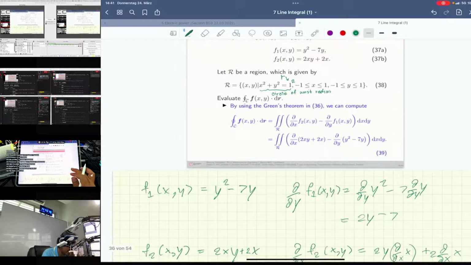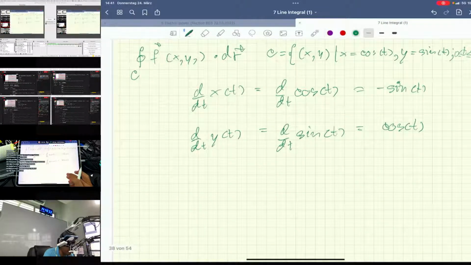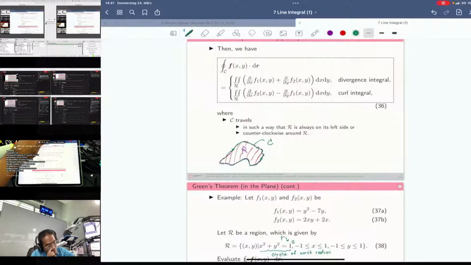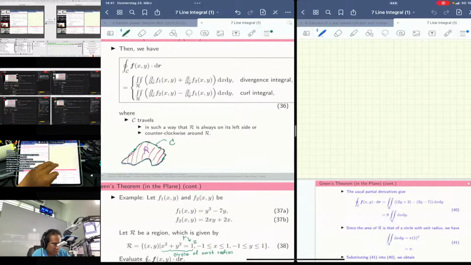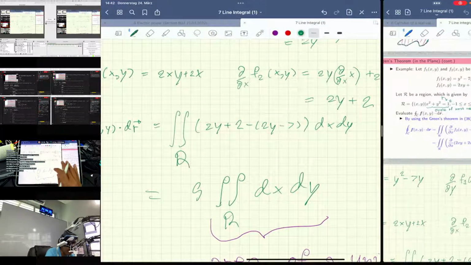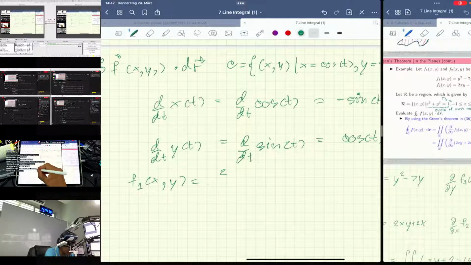The first, f1, is y squared minus 7y. Once you substitute y as sine t, you're going to see that f1 is sine squared t minus 7 sine t.